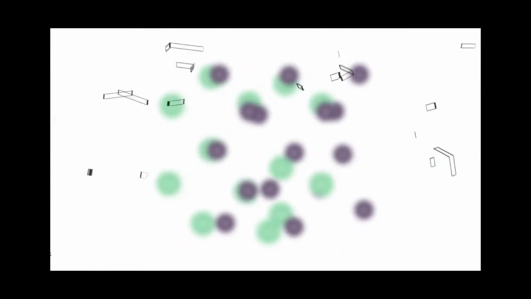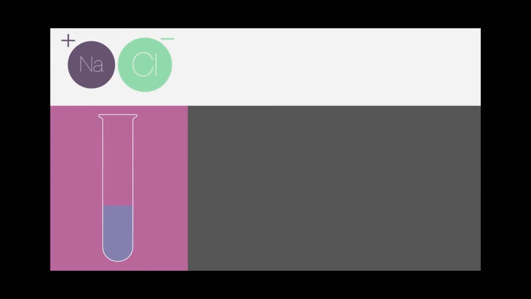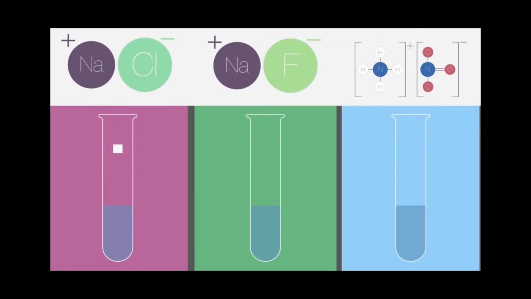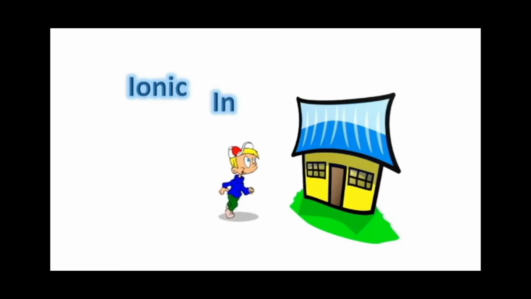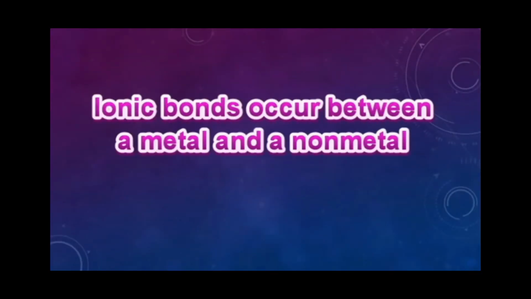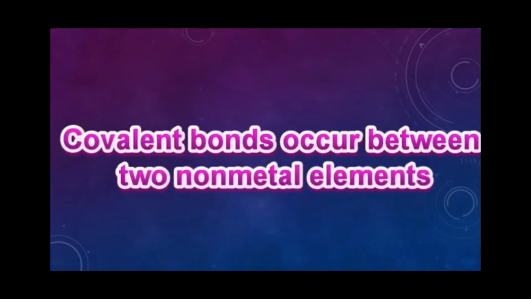To distinguish between the types of compounds, it is important to take note of the type of elements that are chemically combined. An ionic compound is formed from the combination of metal and non-metal element. On the other hand, a covalent compound is formed from the combination of two non-metal elements, or a metalloid and a non-metal element.